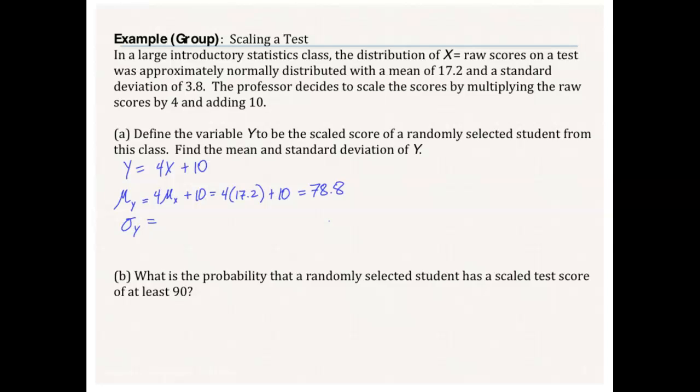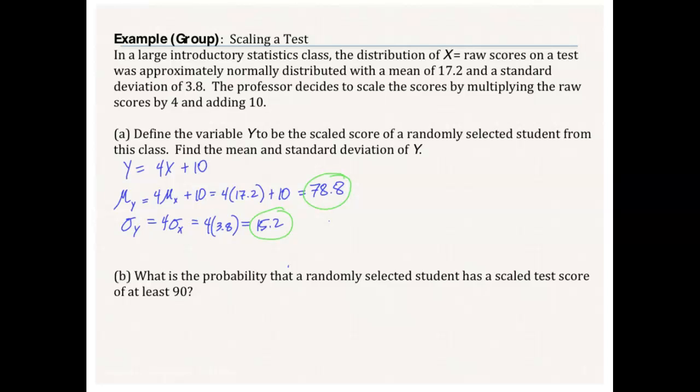So the way we're going to get our new standard deviation, our scaled standard deviation, is by 4 times our old standard deviation, but we're not going to add the 10. All right, so that's just 4 times 3.8, which is 15.2. All right, so there's our scaled mean and our scaled standard deviation.